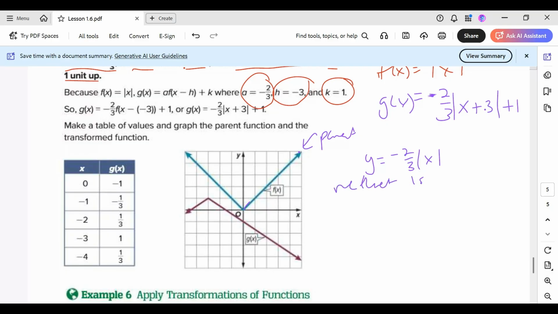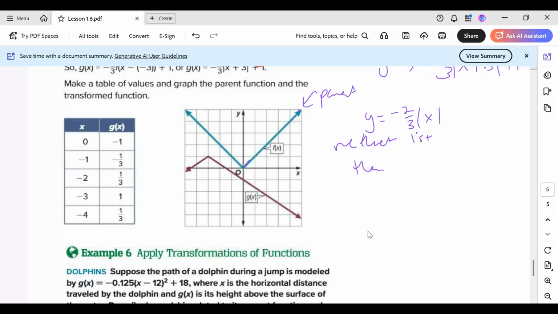Then, after you've reflected your graph, I would have just done a table of values saying -1, 0, 1, and I'm multiplying by -2/3.